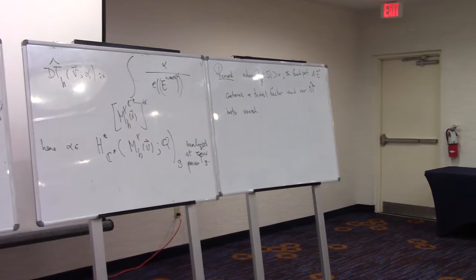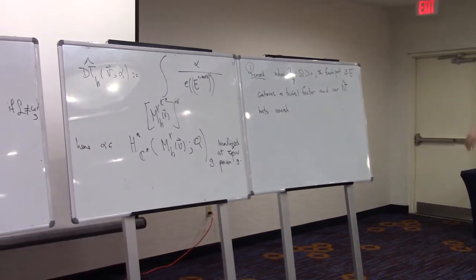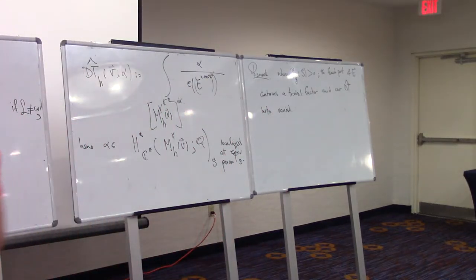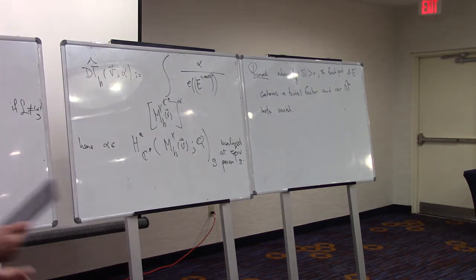For those of you who are not familiar with this part of the construction, if you're doing Gromov-Witten theory, it's a certain phenomenon similar to when you have a K3 surface and you realize that your Gromov-Witten invariants of K3 vanish. Or Donaldson-Thomas invariants of K3 vanish.